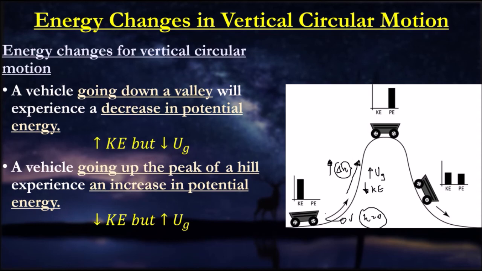We can say that work is being done by the car to move up the mountain, or work is being done to move against gravity. So in this case, work done to move against gravity.